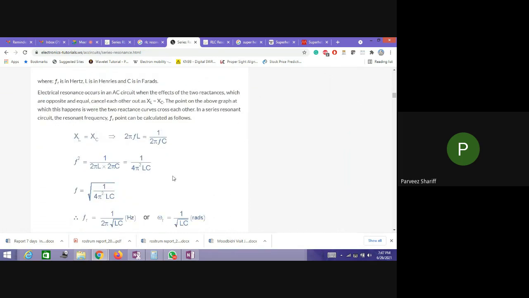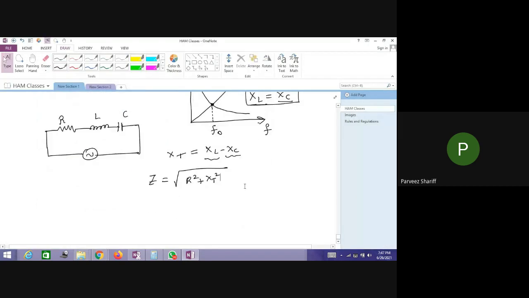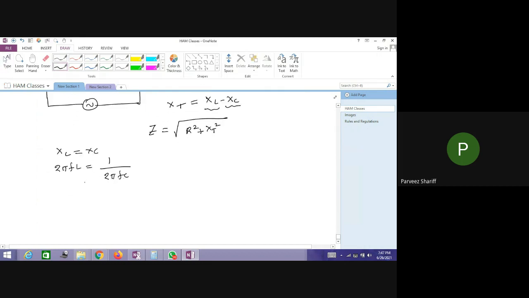So what is the equation that we get, which we already defined in the previous session, I think. XL is equal to XC. So it means 2 pi FL is equal to 1 by 2 pi FC. Then F square is equal to 1 by 4 pi square LC.